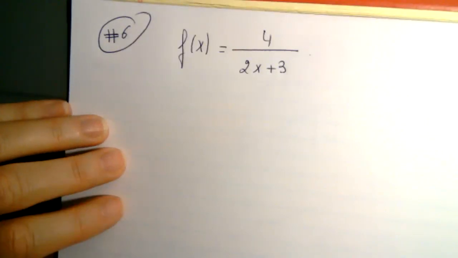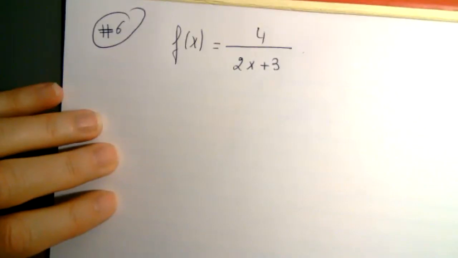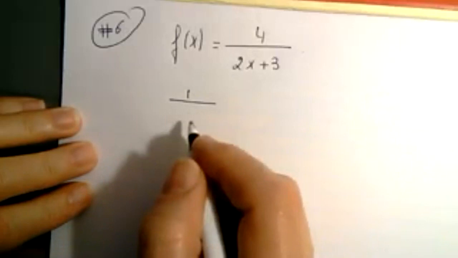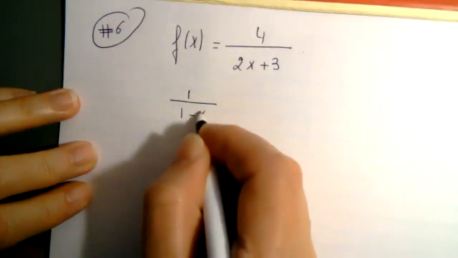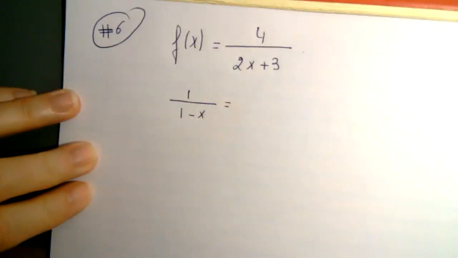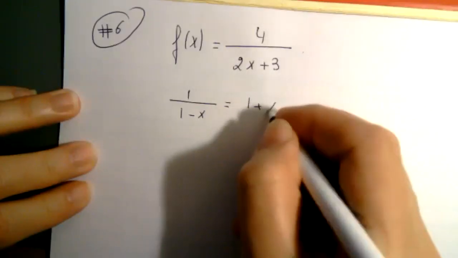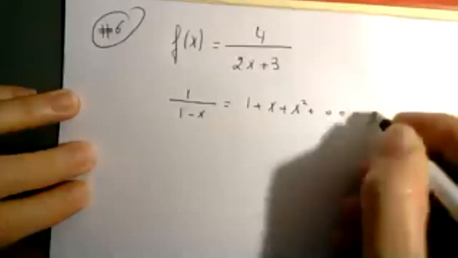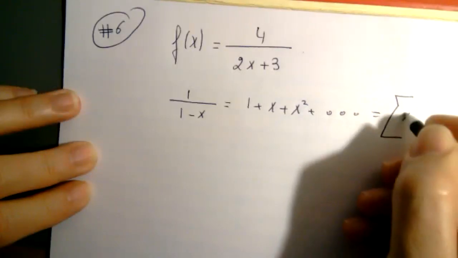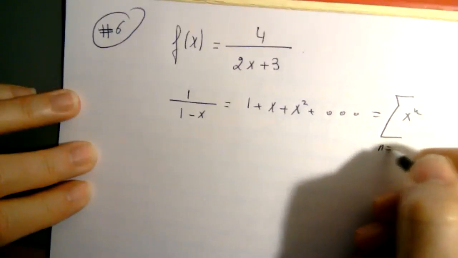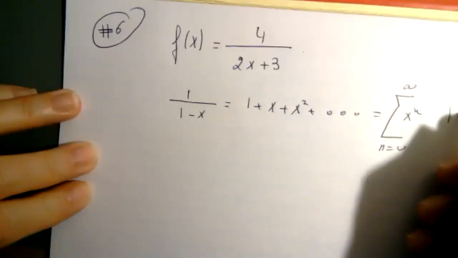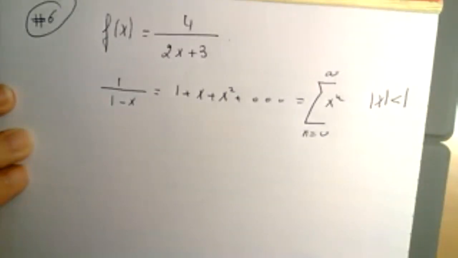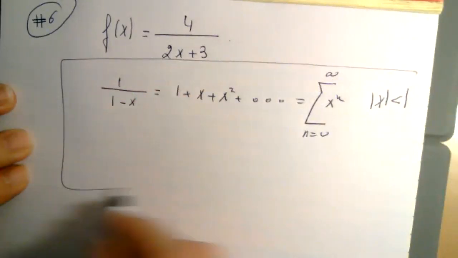The only thing we know so far is how to write two functions as power series. 1 over 1 minus x is 1 plus x plus x squared and so on, which is the sum of x to the n from n equals 0 to infinity, and this holds for absolute value of x less than 1. So we know this one.